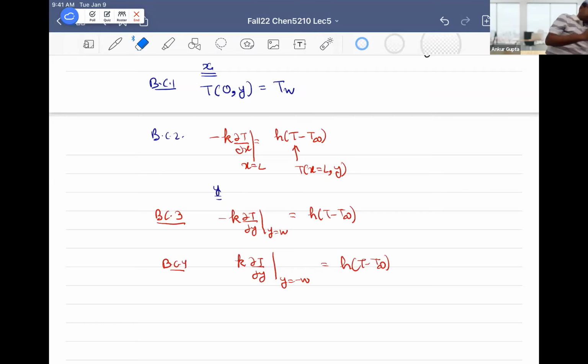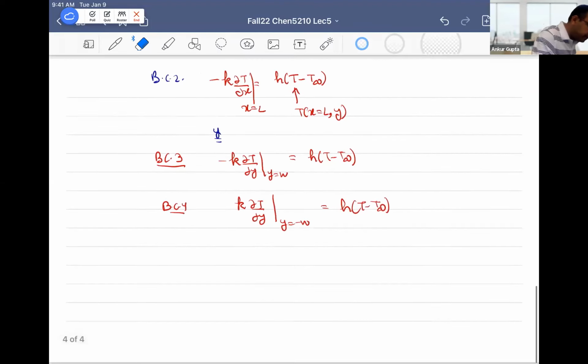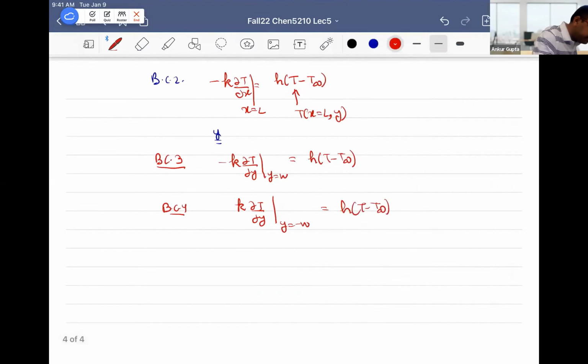So let's do this. Let's imagine that the temperature at the center is denoted as Tc, and the temperature at the end here is denoted as T naught.